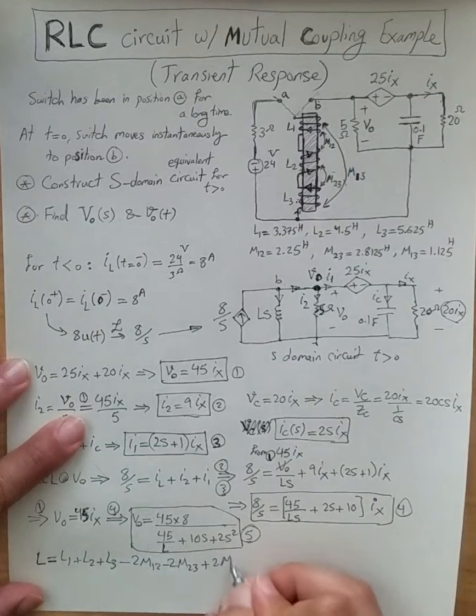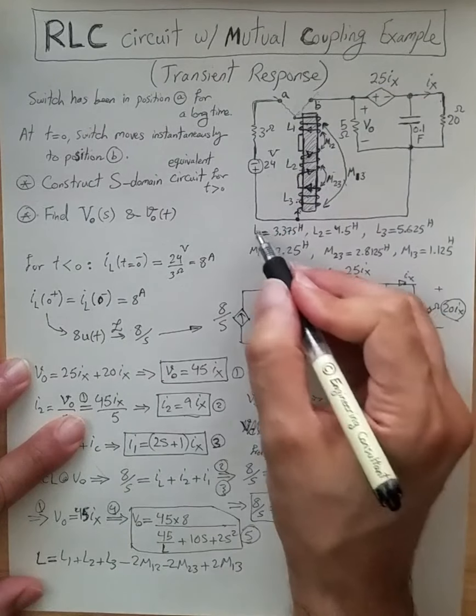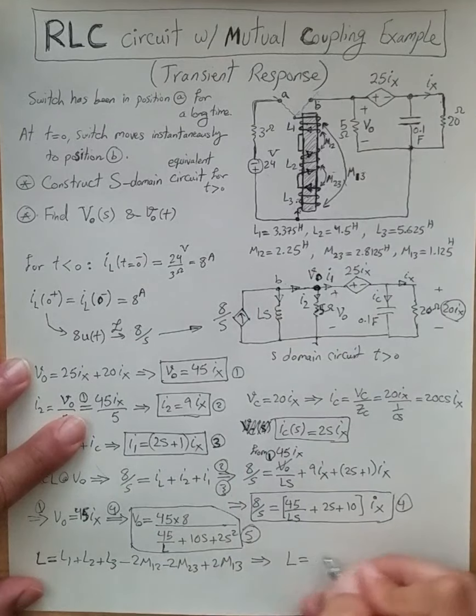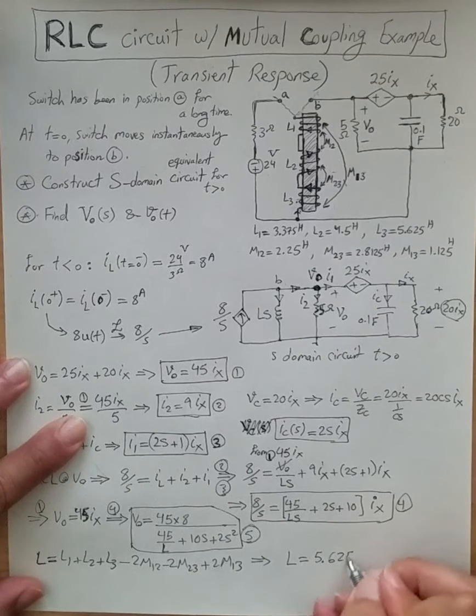So it would be plus 2M13. Now if you use these values given and just put in place in this equation, you get L equal to 5.625 Henry.